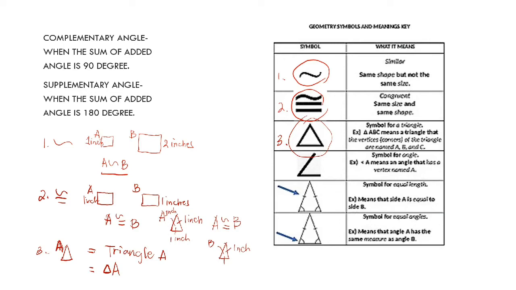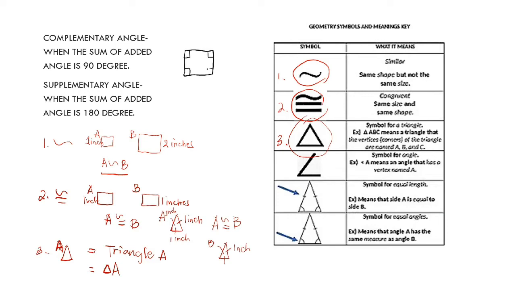So next symbol natin, the angle. Yung angle natin is ito yung mga mini-measure natin. For example, sa square natin we have the angle, the corners natin, meron yung mga angle.